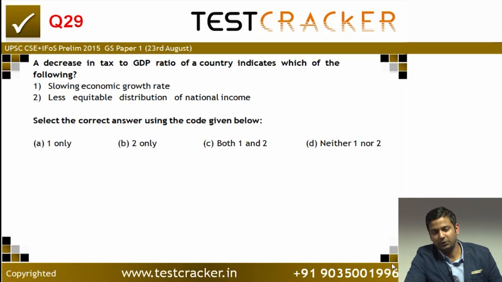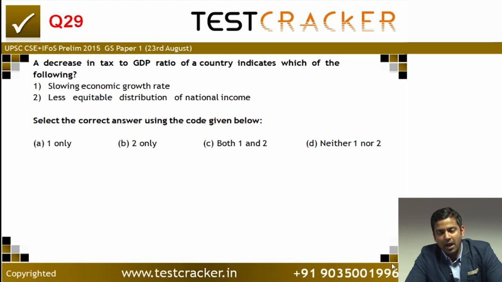No. There are many ways in which the tax to GDP ratio can come down. One, let's say T goes down, G remains the same, then it can come down. Two, T remains the same and G grows, G is growing at a good rate, then also T by G will come down, or both will happen.